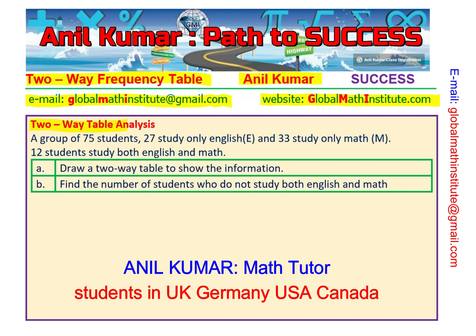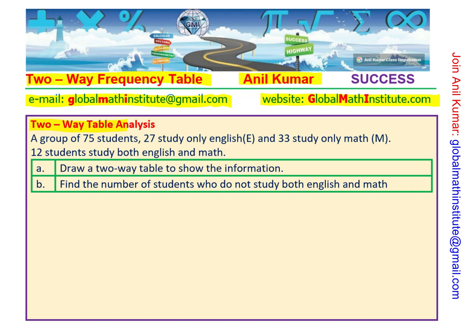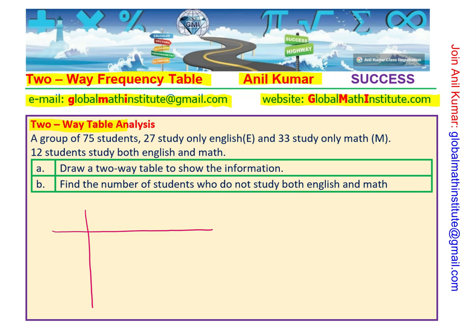So, let's see how a two-way table can be drawn for the given situation and how we can answer related questions. A two-way table really means it should have some rows and columns, right? So, here is a familiar table type of structure. We are interested in two subjects: one is English and the other one is math. Now, this is kind of tricky. We write English as one of the columns, and not English.